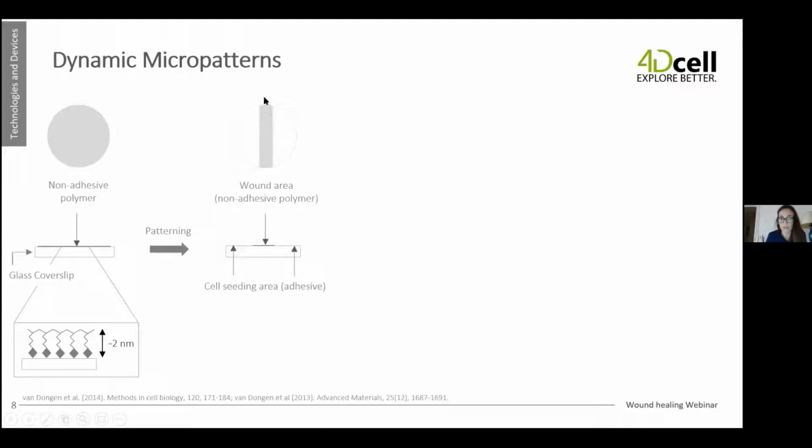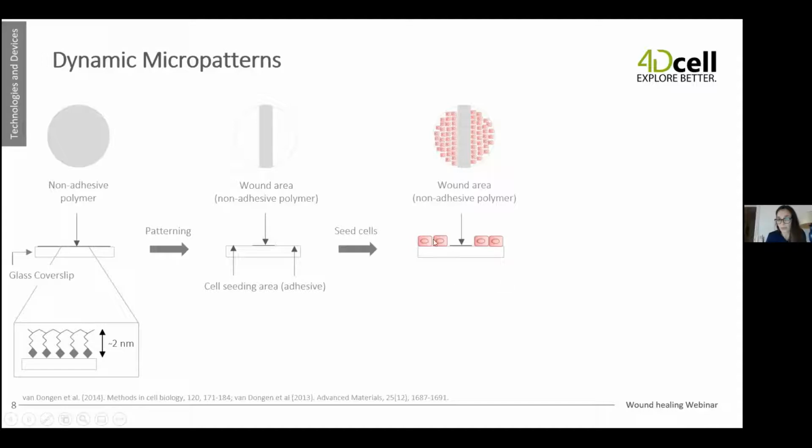As you can see, there is an area which is still non-adhesive at this initial stage, where the cells cannot yet bind or attach. Meanwhile, there are new areas after this patterning process where the cells will be able to attach, basically surrounding this wound area or this wound stripe.